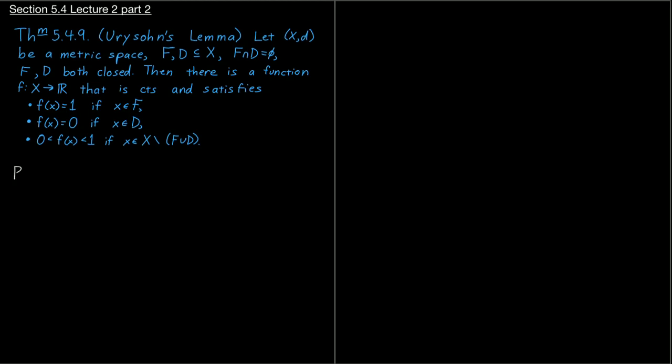The proof is, well, we're going to write it down pretty quickly, but it builds on a lot of work we've already done. So by proposition 5.3.9a, F is equal to the closure of F, because by assumption F is closed.